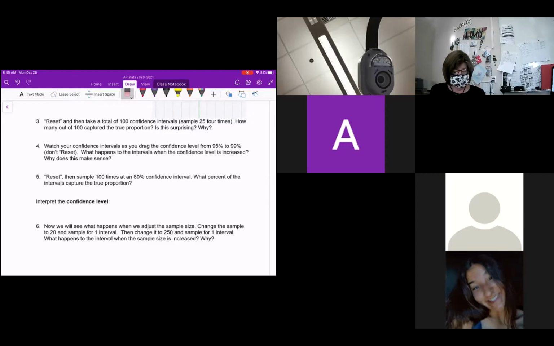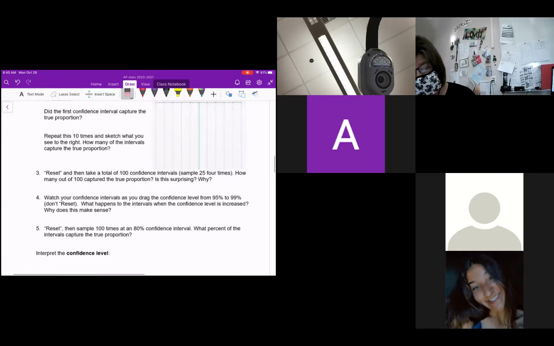As we work through this, when you get down to number 4, it says watch your confidence intervals as you drag the confidence level from 95 to 99 without resetting them. What happens to the interval when you raise the confidence level? It got bigger. Does this make sense? It's like our big circles.